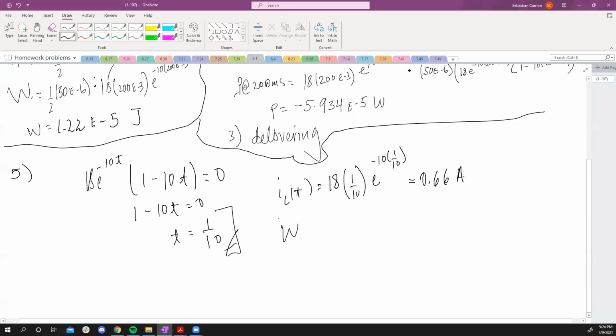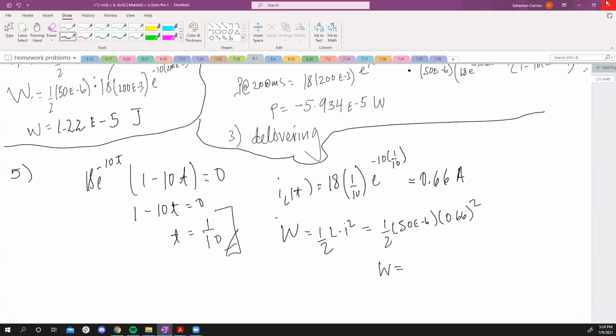With this, it's the work equation, 1 over 2 L times i squared, 0.66 squared.